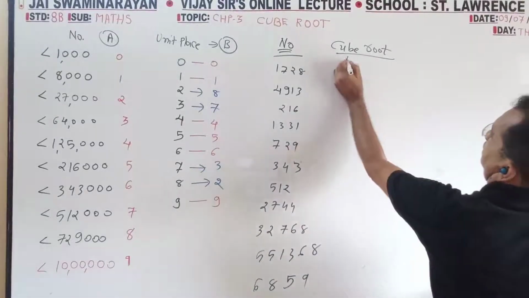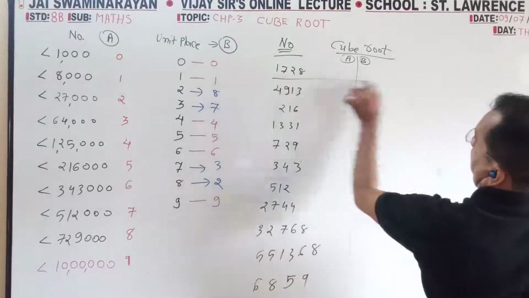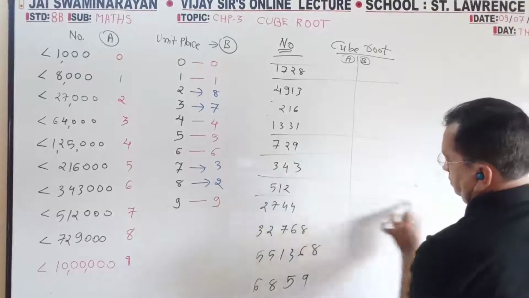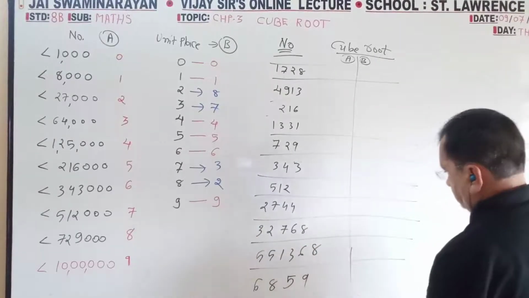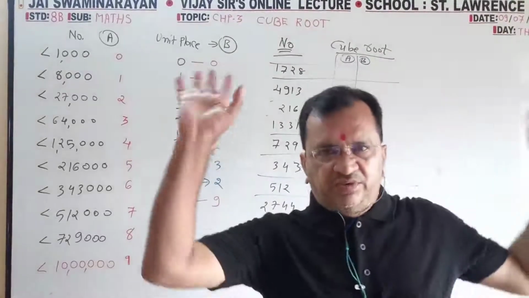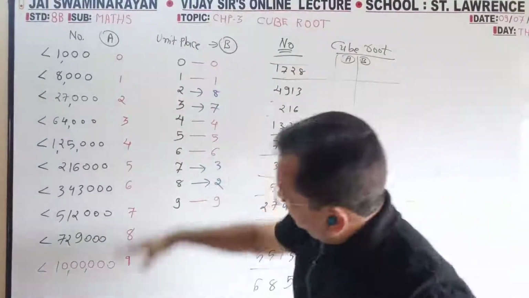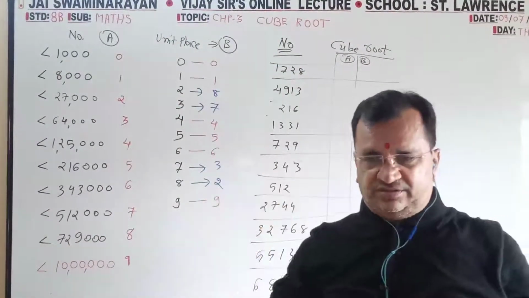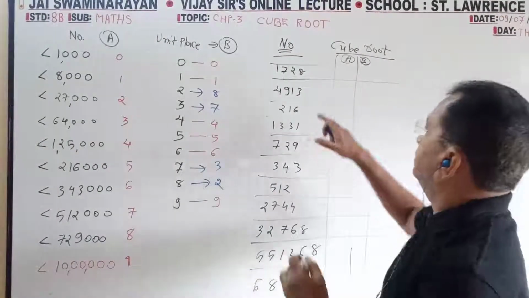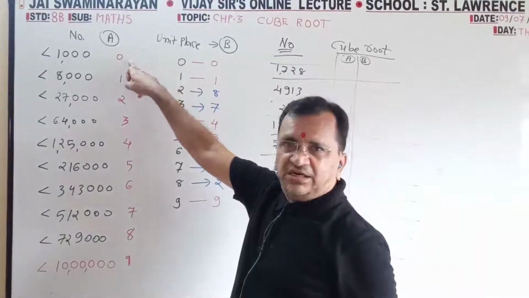So now A group, B group. That will be the answer. Try to understand this method. In A group, the overall number is in which range? 1728 is not less than 1000.